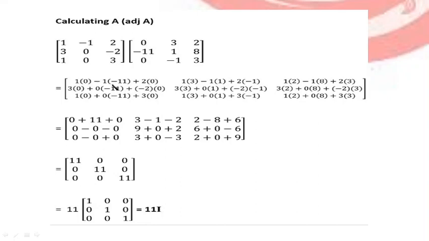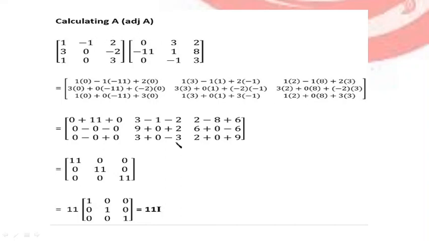First term A11 means we have to take the first row and first column, and add the product of their corresponding elements: 1 into 0 minus 1 into minus 11, then 2 into 0. After that, A12 means first row and second column: 1 into 3 minus 1 into 1 and 2 into minus 1. Then A13 means first row and third column: 1 into 2 minus 1 into 8 and 2 into 3.